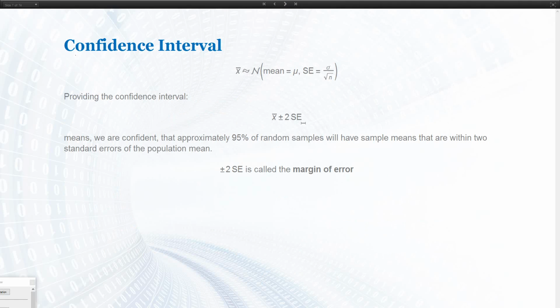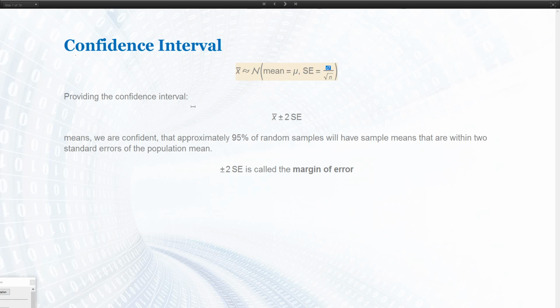So the confidence interval is, since the central limit theorem tells us that if we want to approximate the mean value of some population, we do this by some sample mean, which is distributed according to the normal distribution, which has the same mean value and a standard error of sigma divided by square root of n.